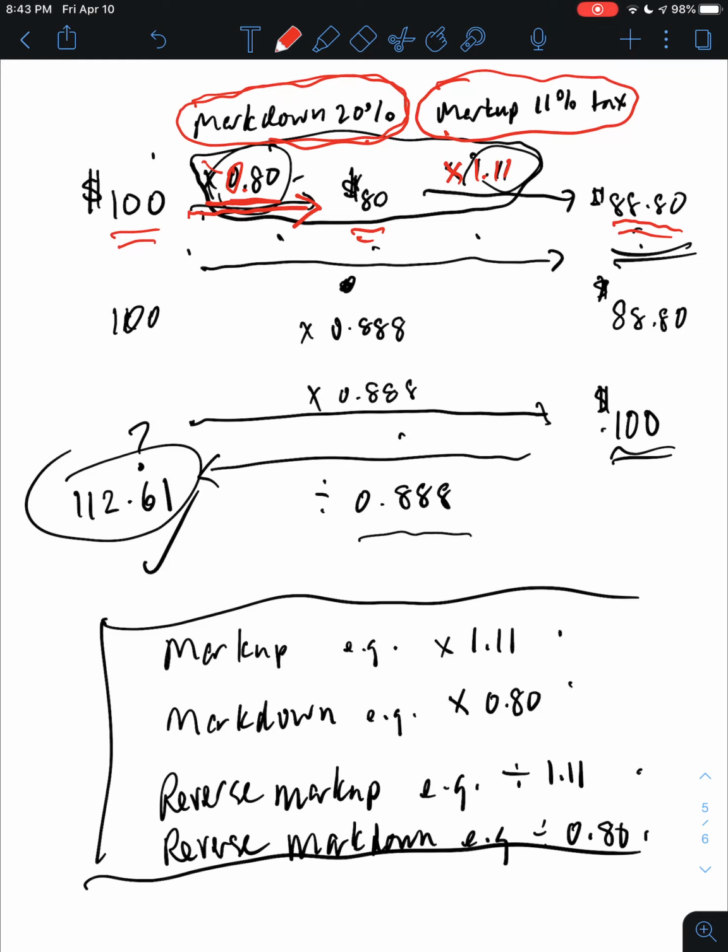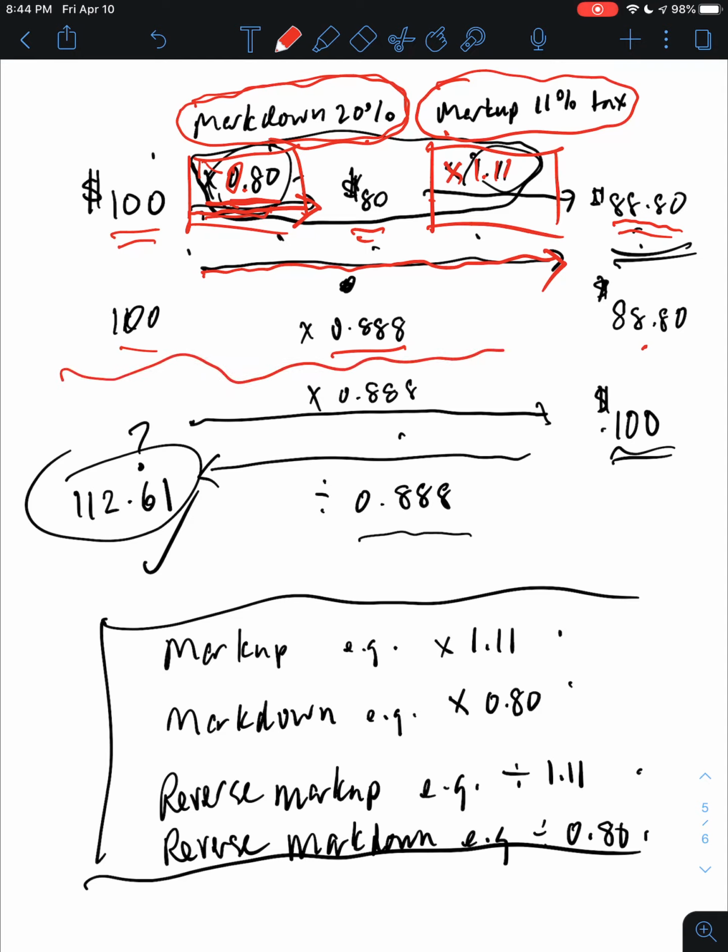But one very nice thing about this way of calculating is that I can chain these together into a single magic factor. So I take this number here, 0.8, and I multiply by this number here, 1.11, and I'm going to get this magic number, 0.888, and that is my single step method of getting from the original price, sticker price, to the amount that I pay at the till.